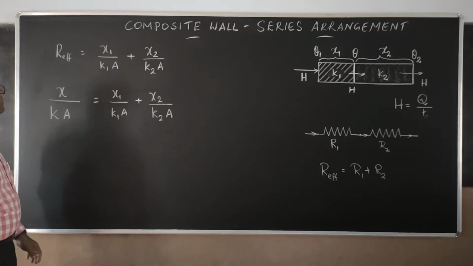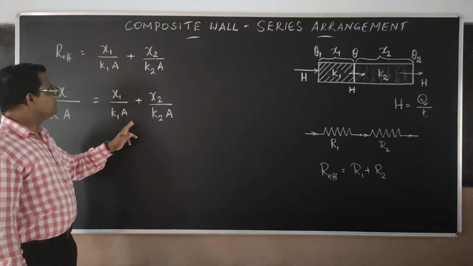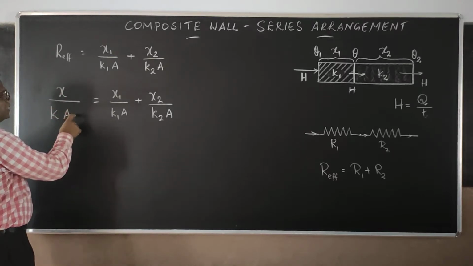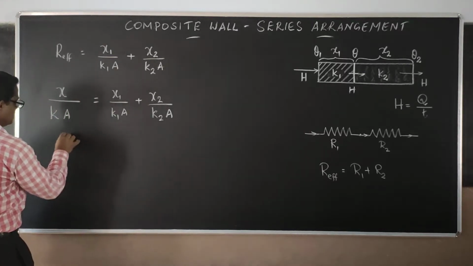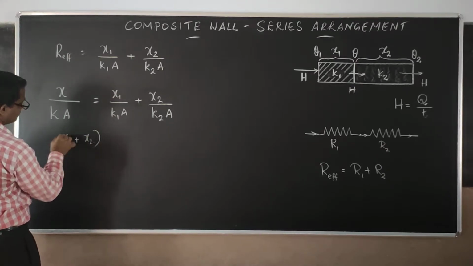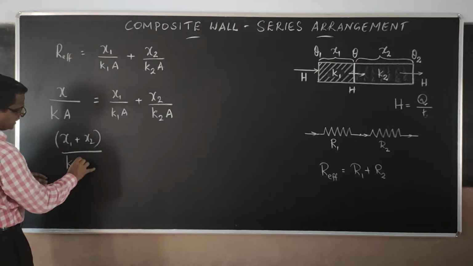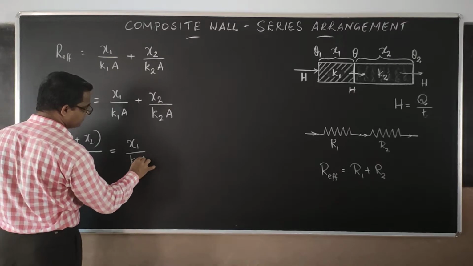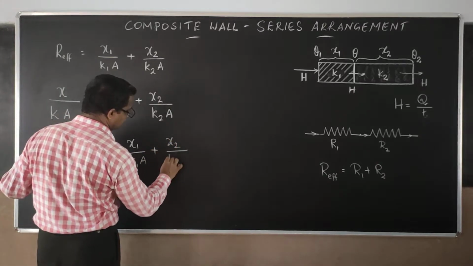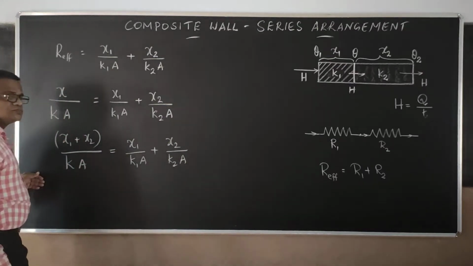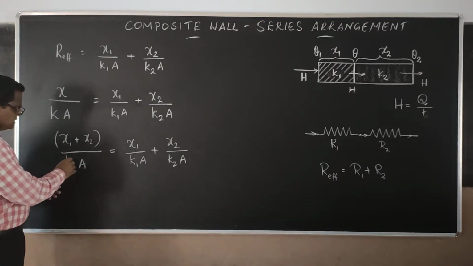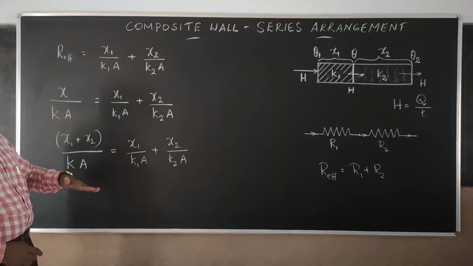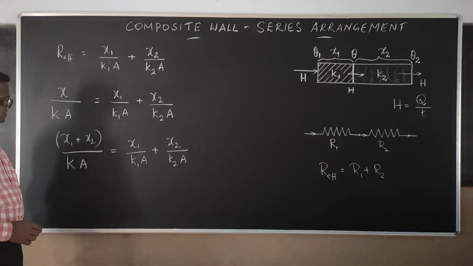So X1 plus X2 divided by K A will be equal to X1 by K1 A plus X2 by K2 A. Effectively, there is a proportion connecting K1 and K2 that comes as the reciprocal of the conductivities.